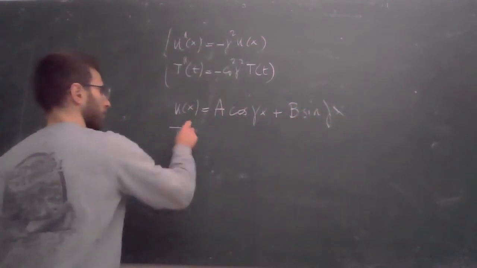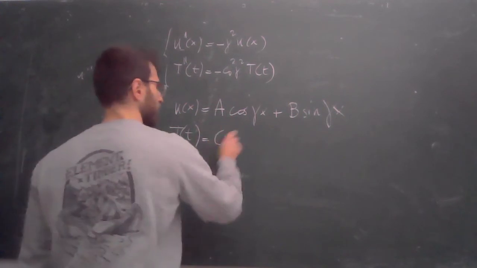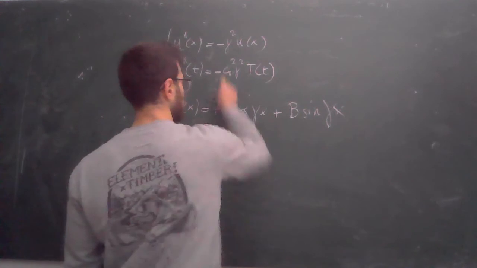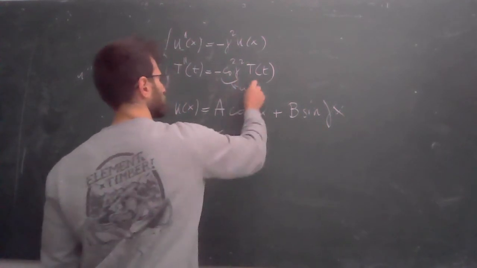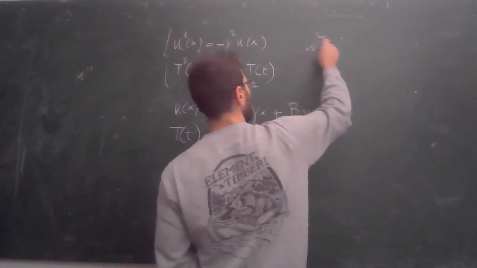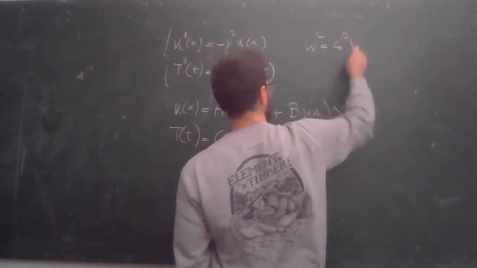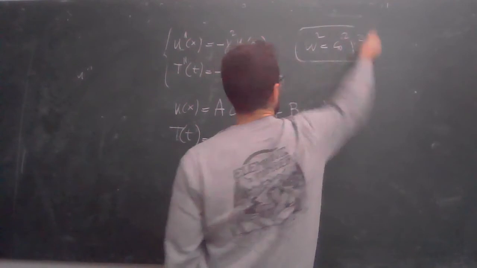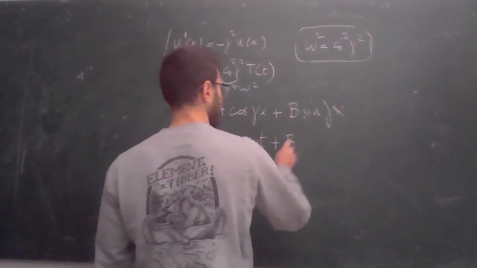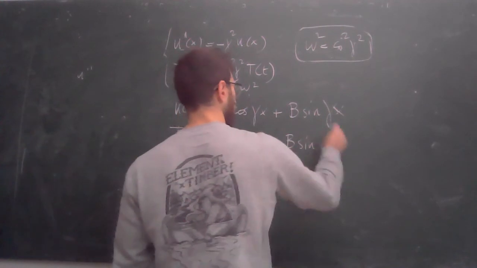And T is c cosine of omega t plus d sine of omega t, where we just call omega squared equal to c0 squared gamma squared.